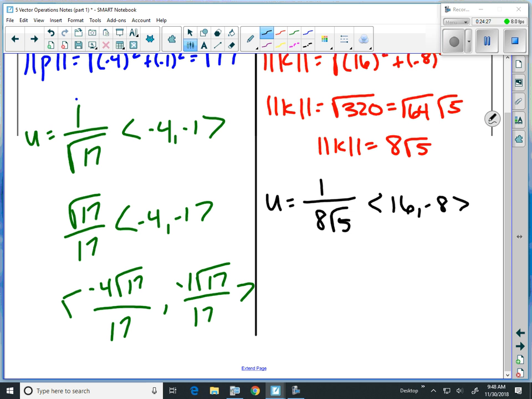Right, 16. What's my issue? Yeah, the radical is in the denominator. So, from our trick, what should our numerator be? Over here, it switched from this to this.